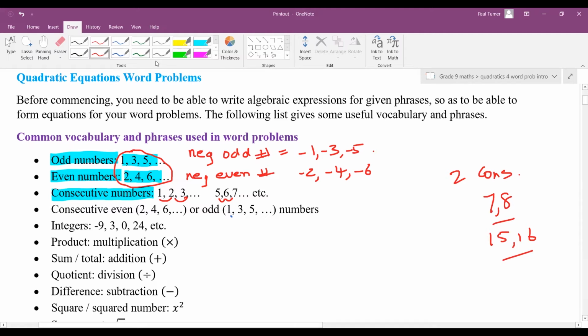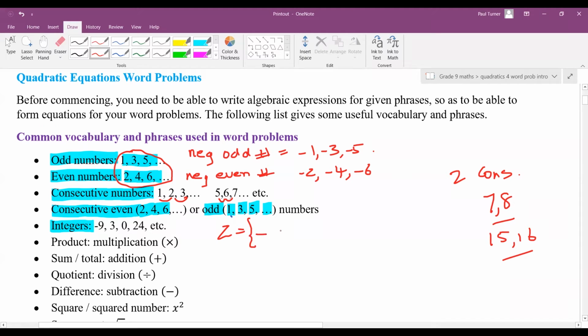You could have consecutive even numbers. So of course that would be 2, 4, 6, 8, 10, like that. Or you could have consecutive odd numbers, 1, 3, 5, 7, 9, like that. Integers, you'll see this word integer, and this refers to numbers that are whole numbers, and they could be 0, positive, or negative. So we normally write that as the set Z. And Z is Zahlen, that's the German word for number.